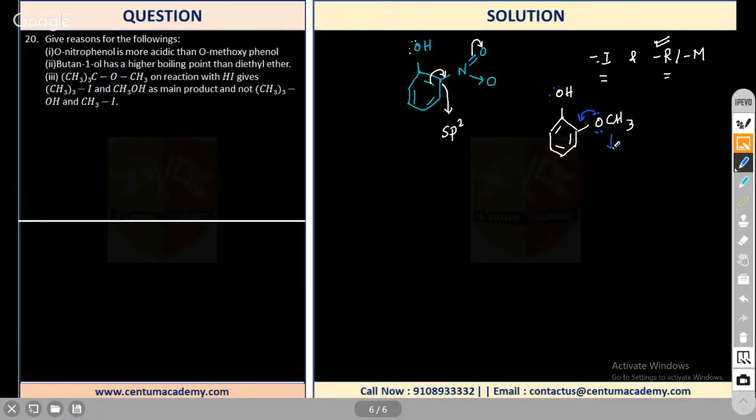However, this group also shows minus I and plus R, both, or plus M. But again, like I said, when you have these two present here, except halogen, the resonance effect always dominates the inductive effect. So the property of this will be explained according to plus R, and for the nitro compound according to minus R. Minus R group increases the acidity, plus R decreases, and hence orthonitrophenol is more acidic than orthomethoxyphenol.